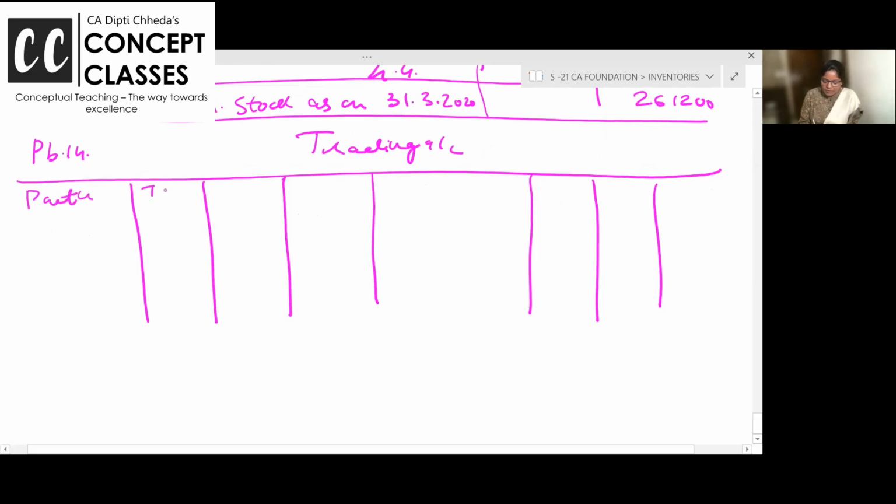Particulars, total. Abnormal item, normal item. Make the columns. Particulars, total. Abnormal item, normal item.